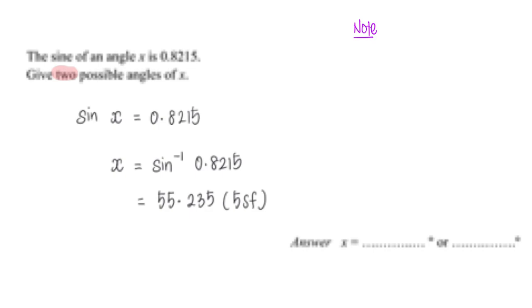Do take note that actually sine of x and sine of 180 minus x, where this is the acute angle and this is the obtuse angle, the sine ratio is the same, but the calculator will always give you the acute angle.